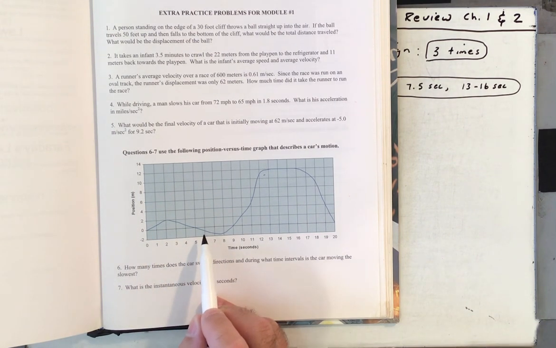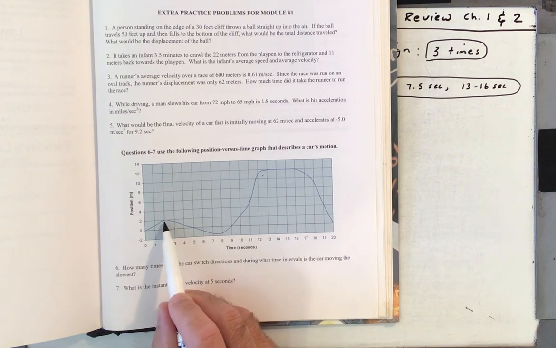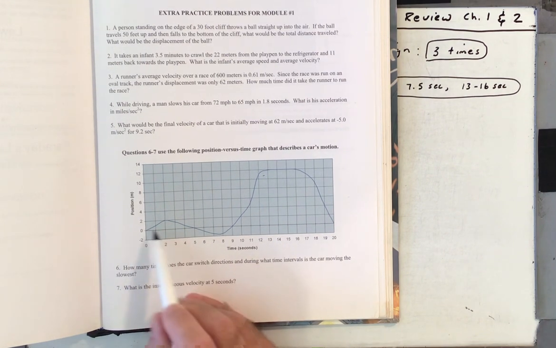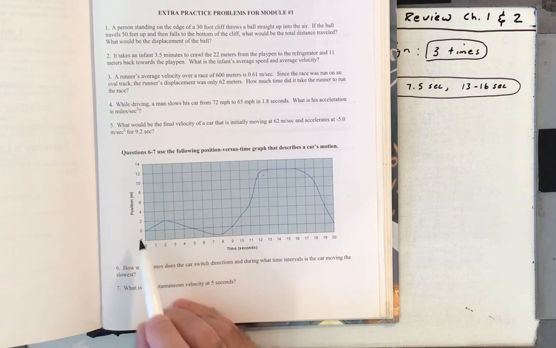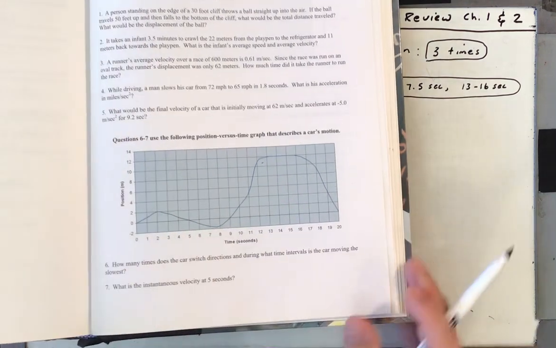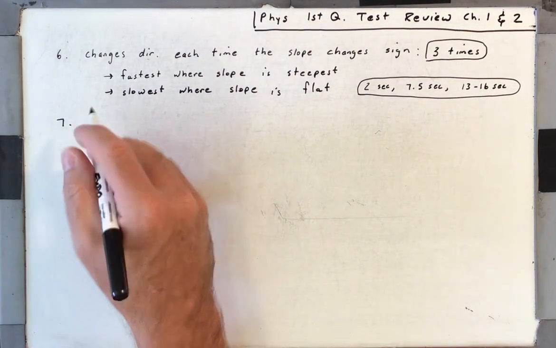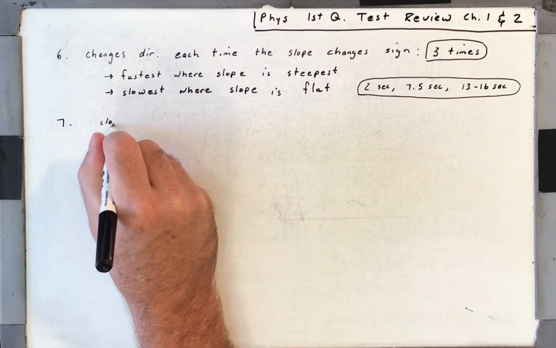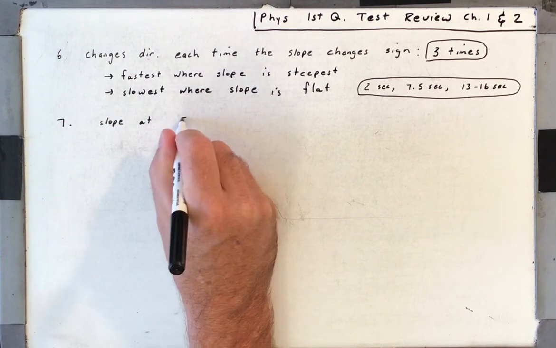I can easily read the graph at 2 seconds because the position is 2, and also at 5 seconds because the position is 0. So we need to get the slope at 5 seconds.